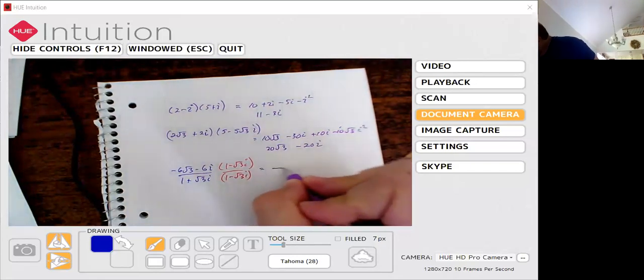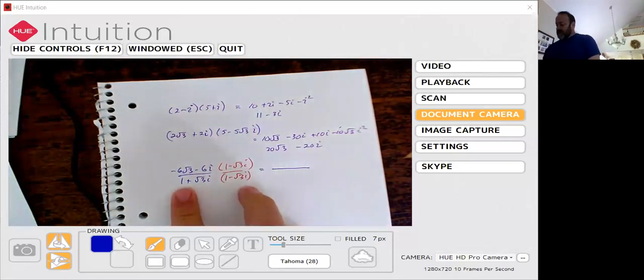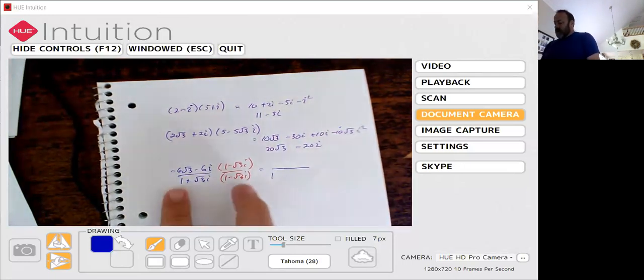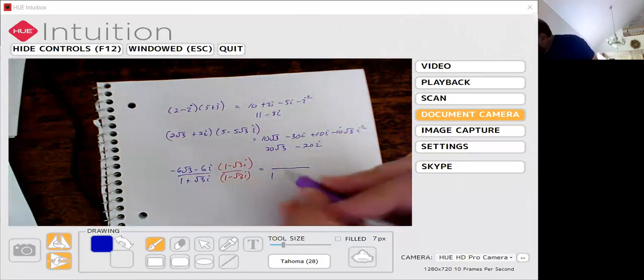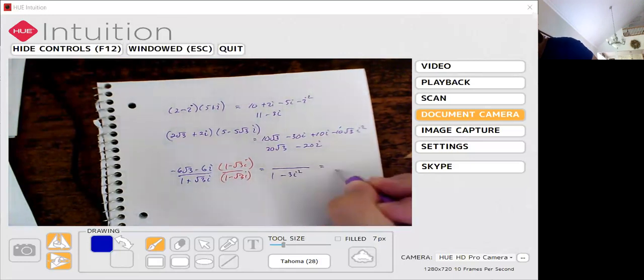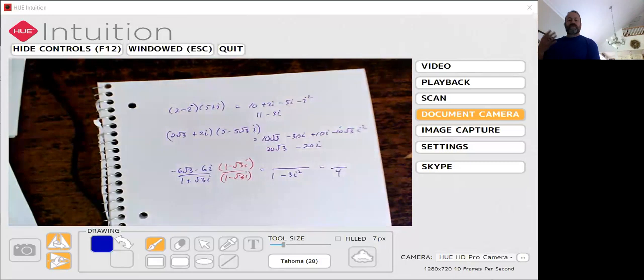Now, the reason we did this complex conjugate thing is when you look at the denominator, your first piece, notice this outer and inner piece end up disappearing because I got a negative root 3i and a positive root 3i, which cancel. And then root 3i and a negative root 3i would make minus 3i squared, which gives us a denominator of 4.